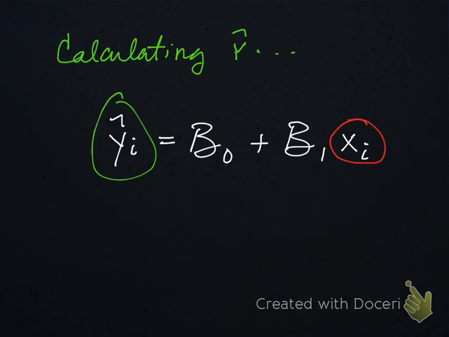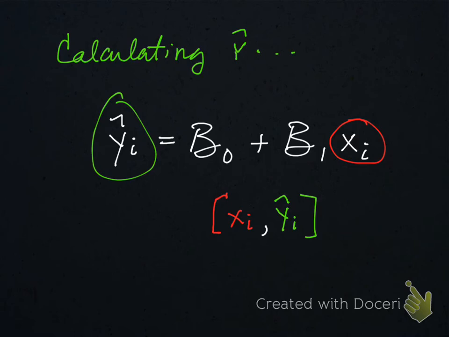That's going to get us all these predicted y's, and for each and every person, we're going to have a pair of coordinates: their actual x score and their predicted y score. Those coordinates are what give us that regression line.